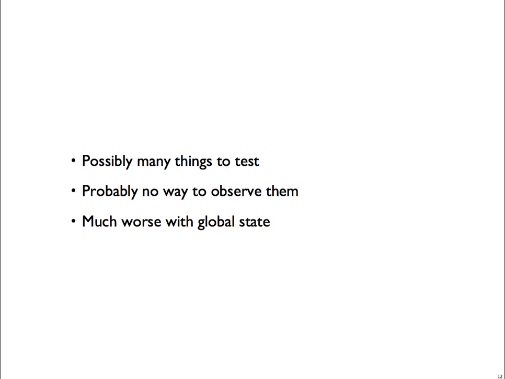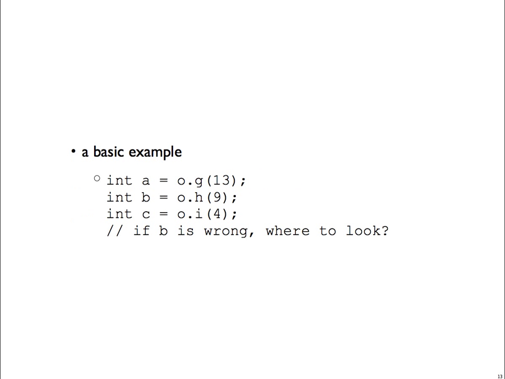And if you're opening up to global state, then the number of things that you have to test is really very, very large. It's not surprising that someone living in this world is going to dislike writing test cases. And the solution, of course, is not to live in that world.